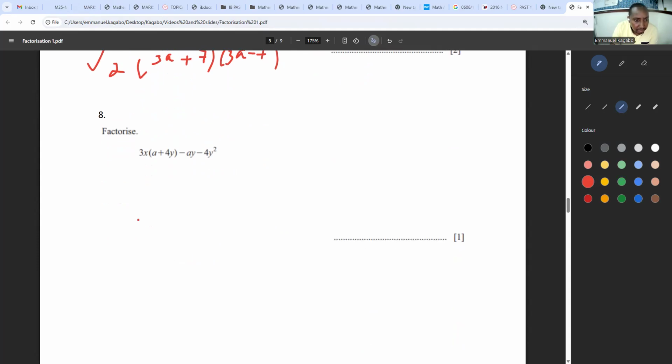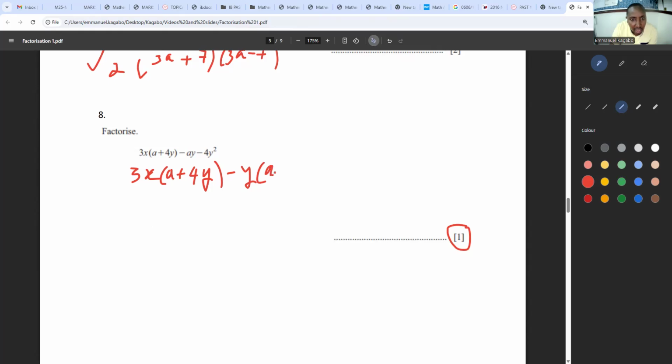Now, what about this one? Good. Still factorizing. Don't be tempted to expand. If you expand, that means you're going one step ahead. You see, they even gave you 1 mark. The question is 1 mark. So, what about here? It's going to be 3x bracket a plus 4y minus, the highest common factor here is the y. So what remains inside the bracket?